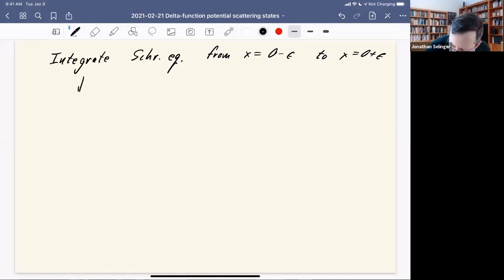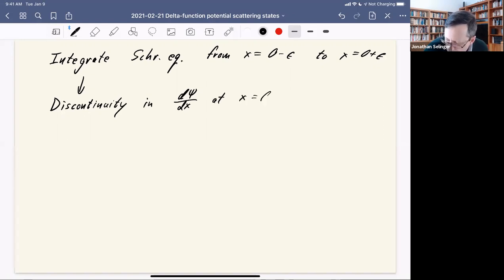That showed us that there has to be a discontinuity in d psi dx at x equals 0, and the discontinuity has a particular magnitude.